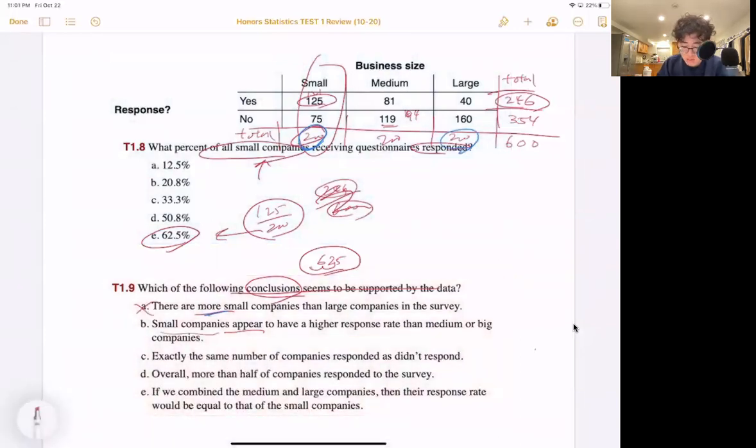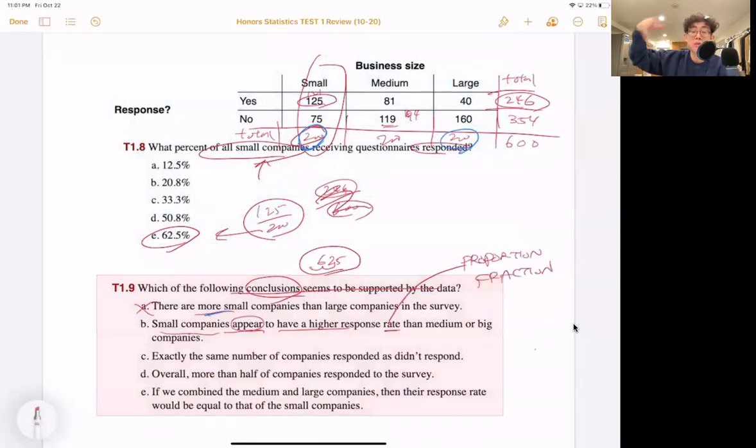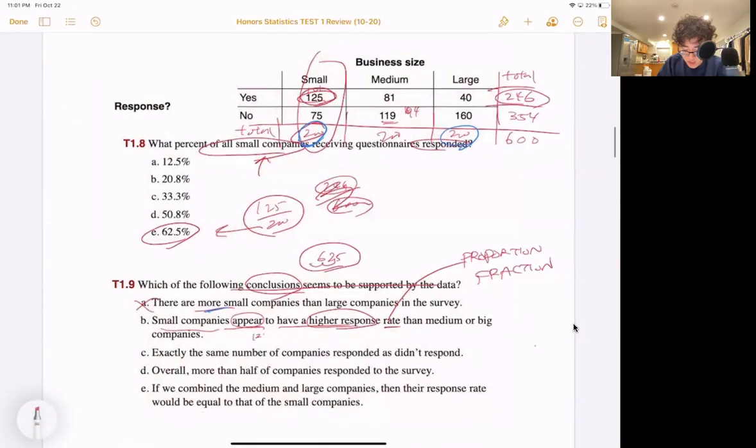Small companies appear to have a higher response rate. Guys, rate is a proportion. Proportion means a fraction, out of the total, how many were this kind of thing. So a higher response rate means the responses out of the total. For small companies, the response rate was 125 out of 200.